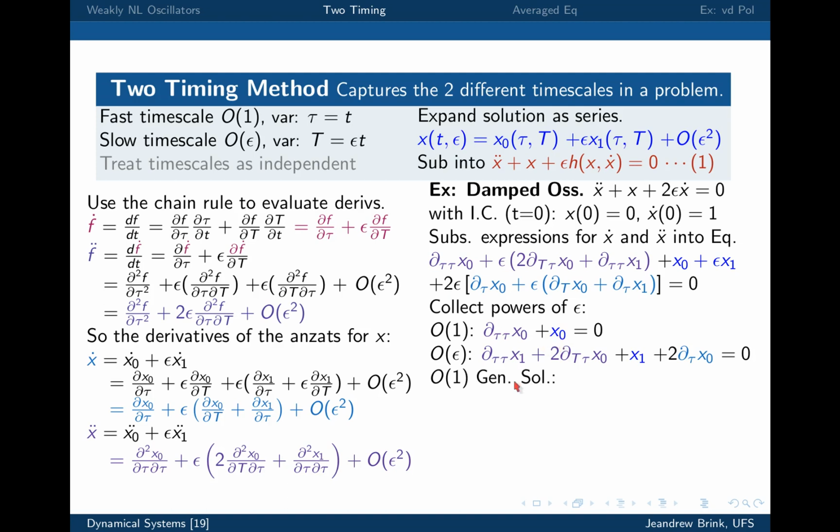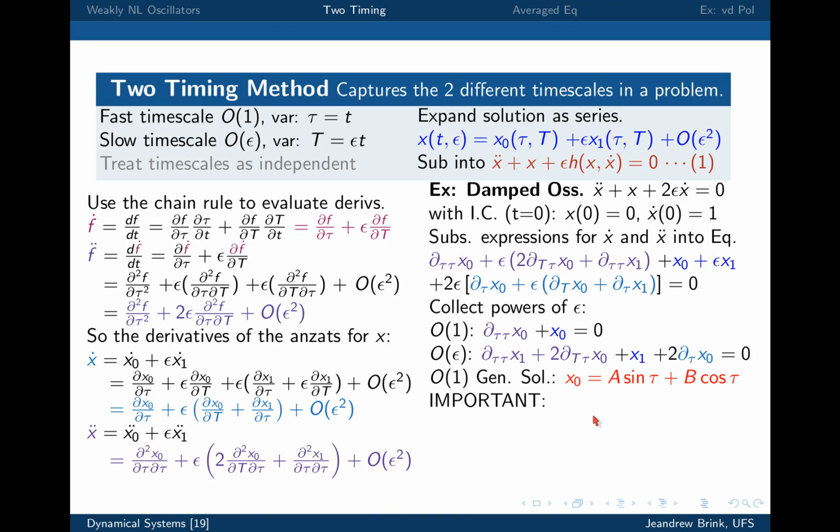Before you can solve it, we have to get the boundary conditions. Or maybe you don't. You can write down the general solution for x0, which is x0 equals a sine of tau plus b cos of tau, except that this is just the fast time. Instead of a and b being constants, A can depend on the slow time and B can also depend on the slow time, because we said nothing of what the slow time does here, but we know it exists.